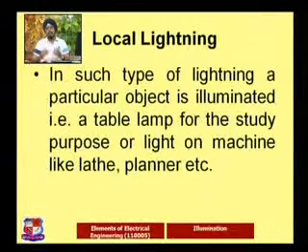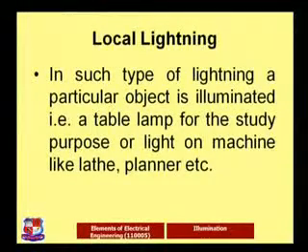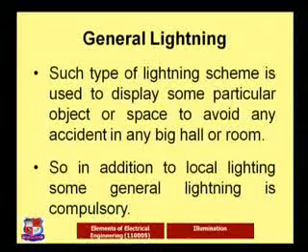So the illumination or lighting effect is more on that particular area only. Such lighting is known as local lighting, which is used for a small area, not a wider one. Only the surrounding or nearby area where the lighting scheme is applied is known as local lighting.